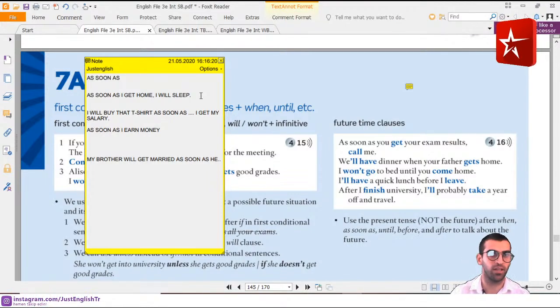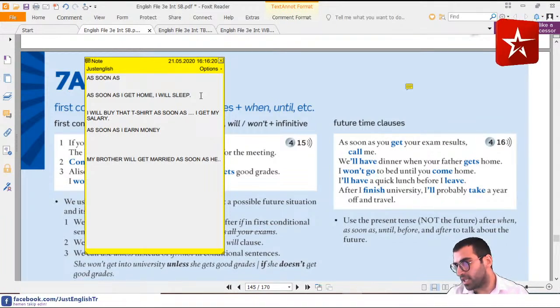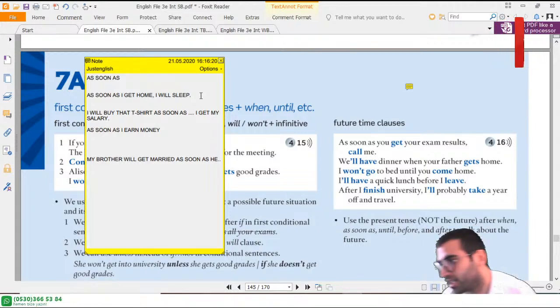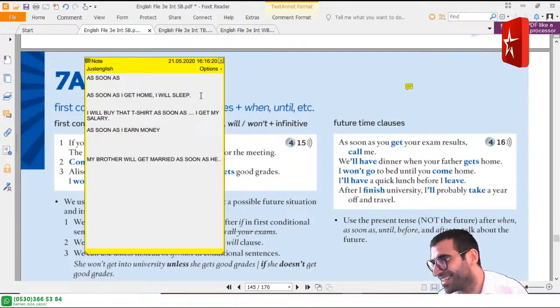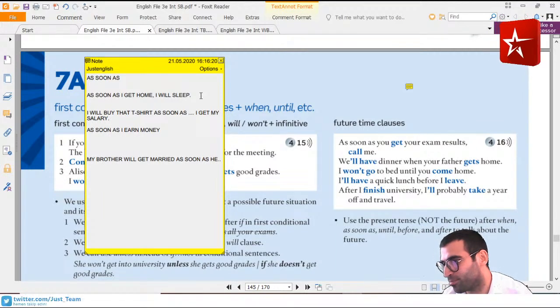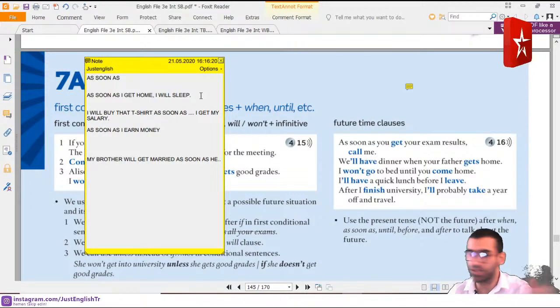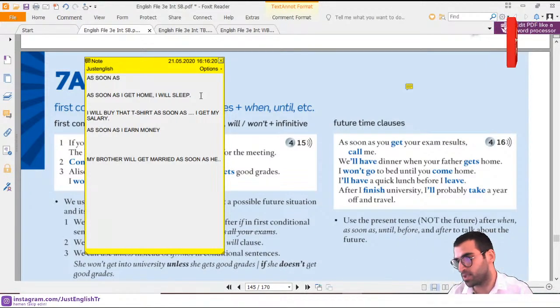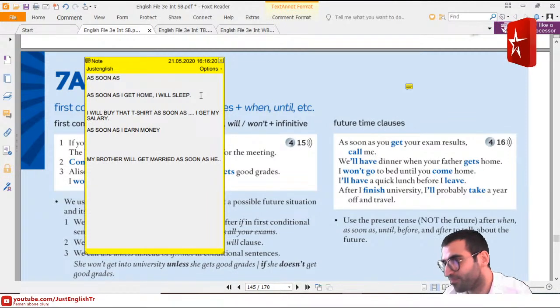My brother will get married as soon as he comes back from army. Yes. All right. Can we use as soon as instead of when? We can use it, but I will also explain the difference between as soon as and when. Don't worry.